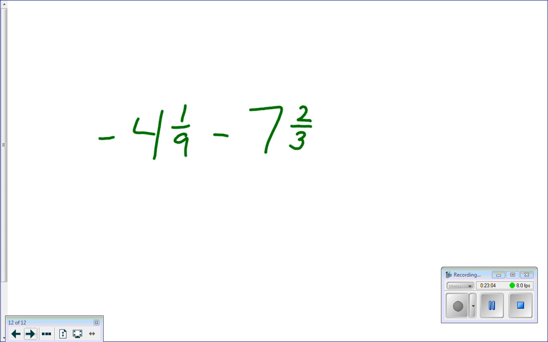Think of your rules. That's good. Yep. Keep change. Wrong.